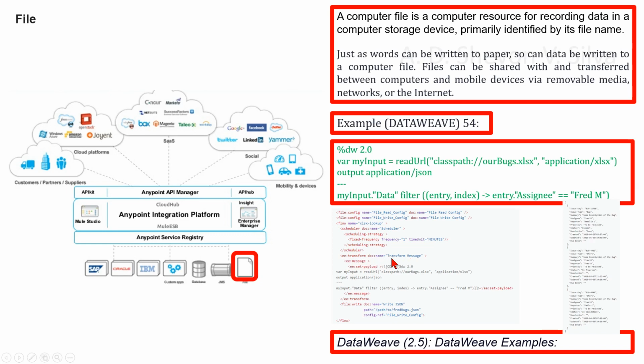The Transform Message component provides the DataWeave script to return all records from the Data sheet for which the assignee column contains the value Fred, and transforms the binary Excel XLSX input to JSON output.